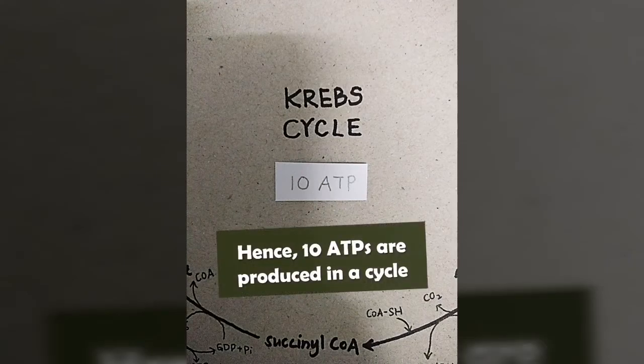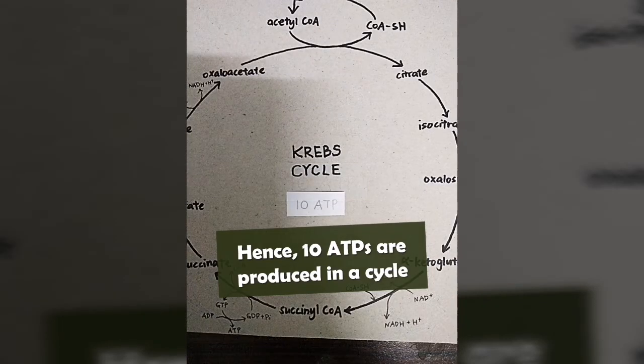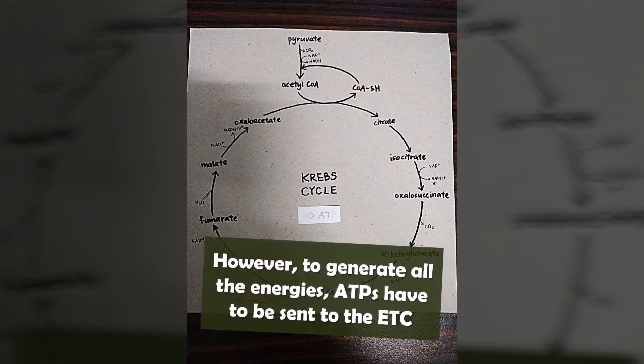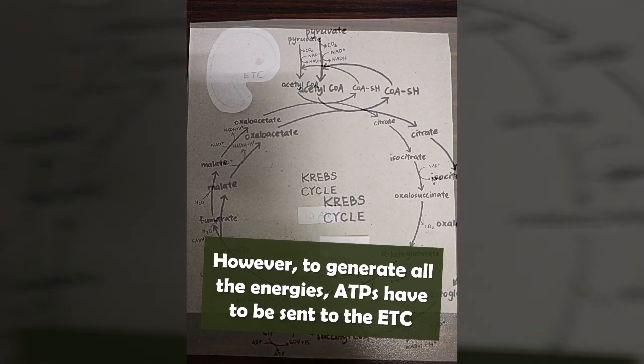Hence, 10 ATPs are produced in a cycle. However, to generate all the energy, the carriers have to be sent to the ETC.